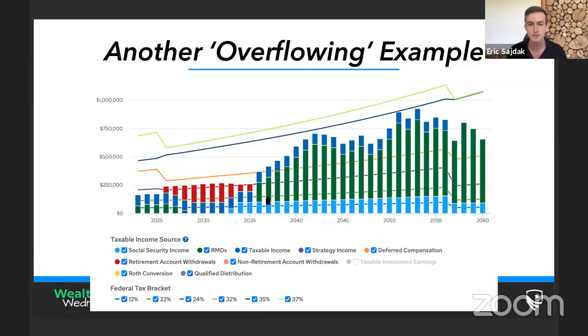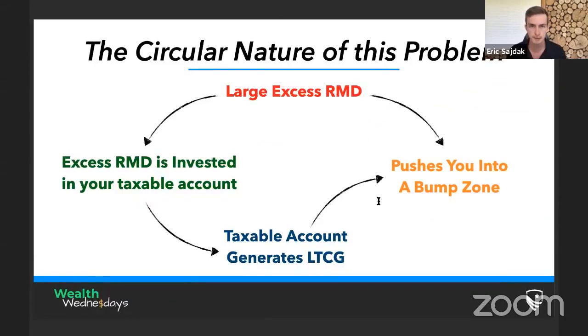Later in retirement, because of RMDs starting at 72, we see these RMDs push them into much higher tax brackets. So this is a situation where this RMD is going to create essentially an overflowing problem. And it's going to create a circular problem that's very difficult to get a hold of once it's started. So what do I mean by that?